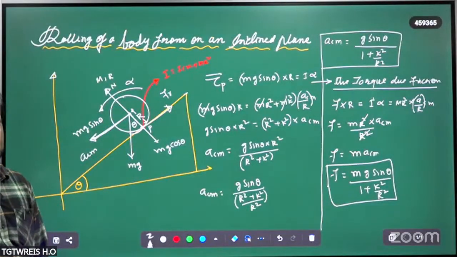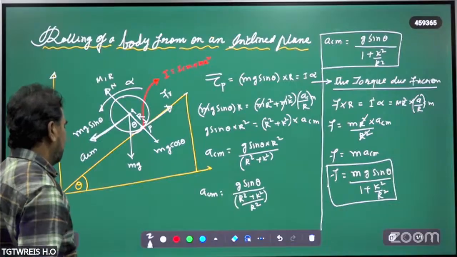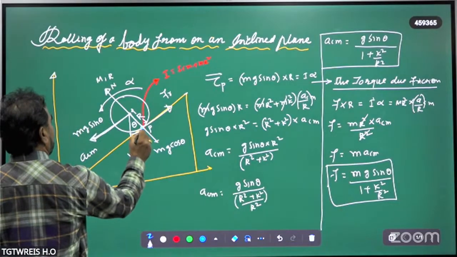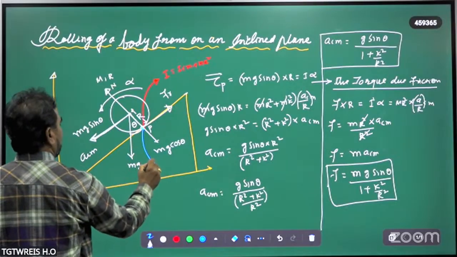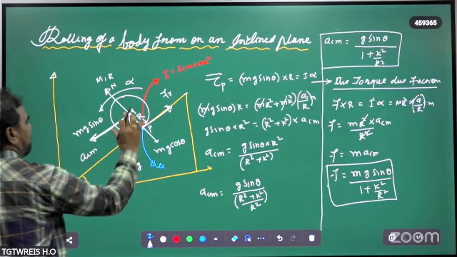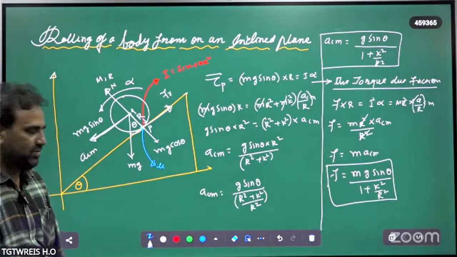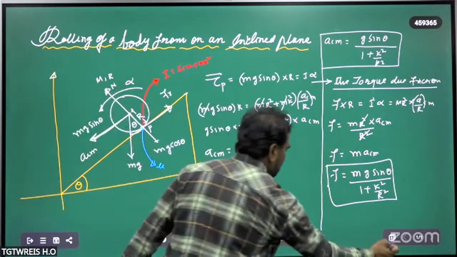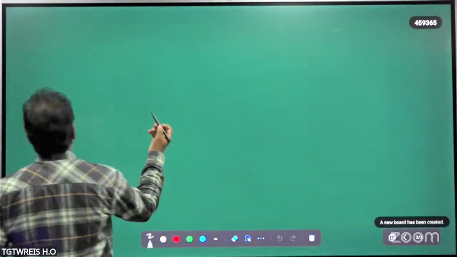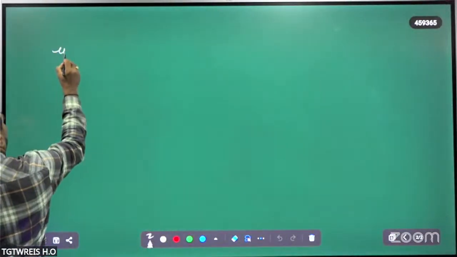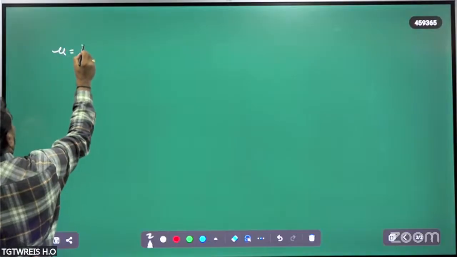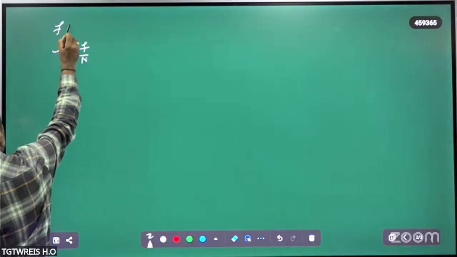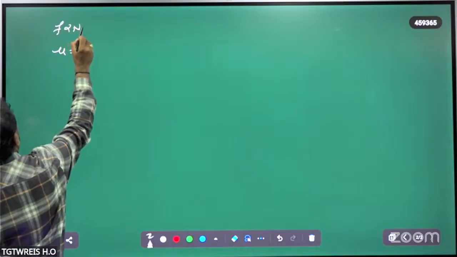Is it clear? Suppose the coefficient of friction between the contact surfaces is mu. The coefficient of friction is given by mu is equal to F upon N, because the friction force is always directly proportional to the normal reaction force.